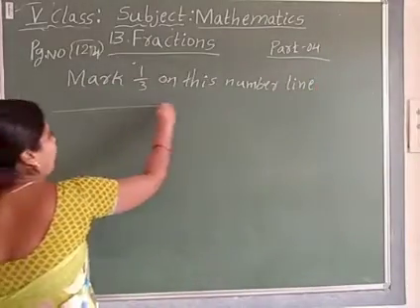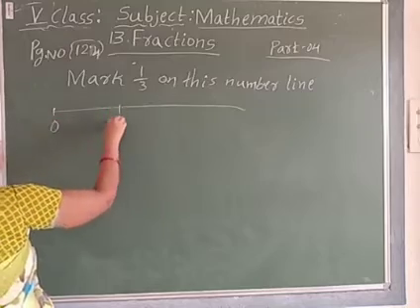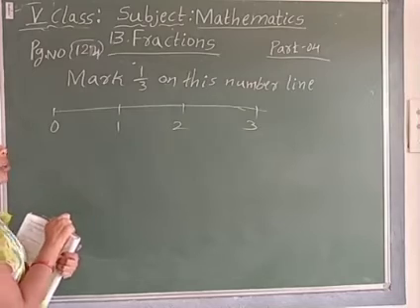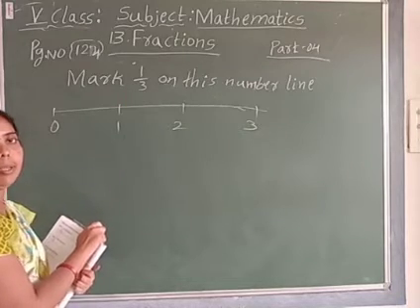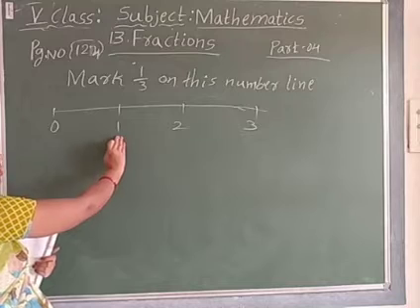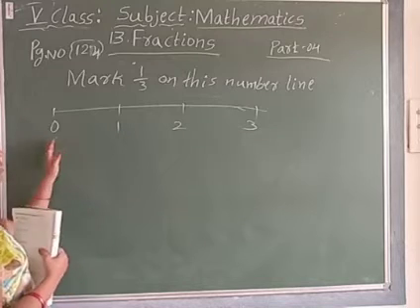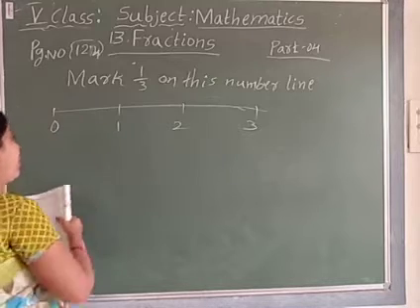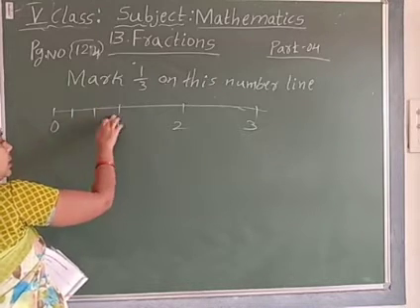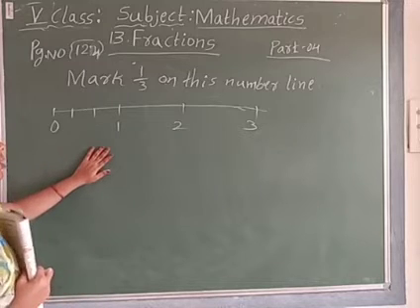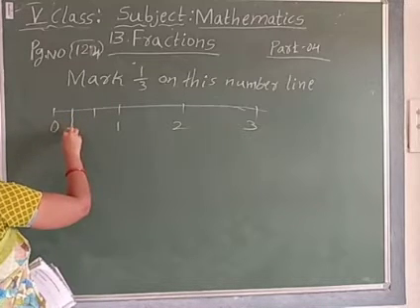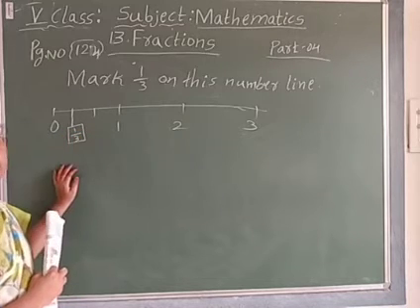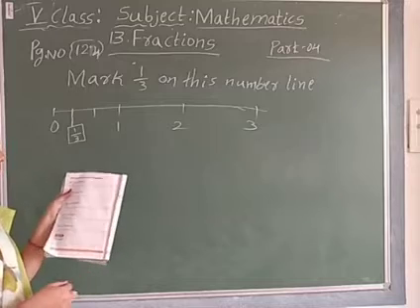Suppose we take a number line: 0, 1, 2, 3. So 1 by 3 means 0 to 1, we divide into 3 equal parts. How many equal parts? 3 equal parts: 1, 2, 3. In those 3 equal parts, the first one is 1 by 3. It is already given in the textbook.